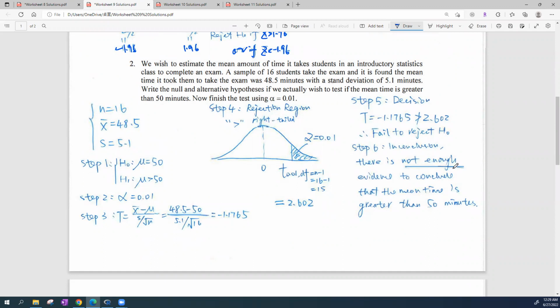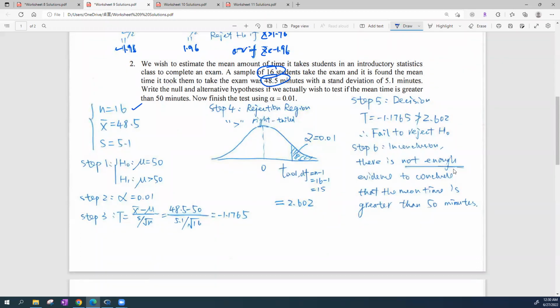So as long as we don't see a population term here, then the standard deviation is considered as the sample standard deviation. So I'll write the null and alternative hypothesis. And if we wish to test if the mean time is greater than 15 minutes, we want to finish the test using alpha equals 0.01. So then we can circle some number here, 16, that's our n.